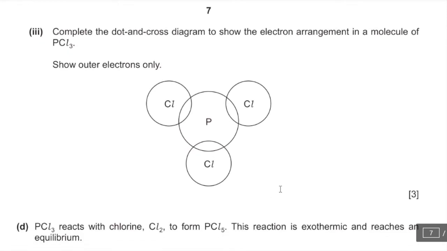C. Complete the dot and cross diagram to show the electron arrangement in a molecule of phosphorus chloride.